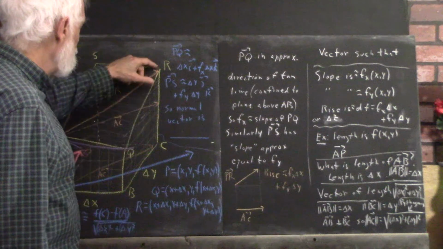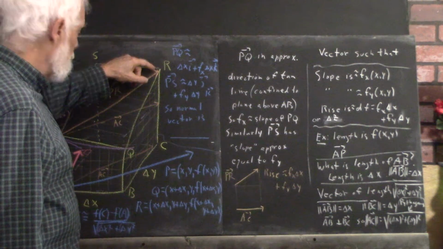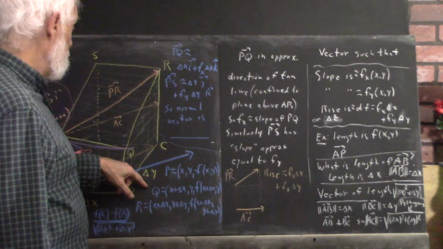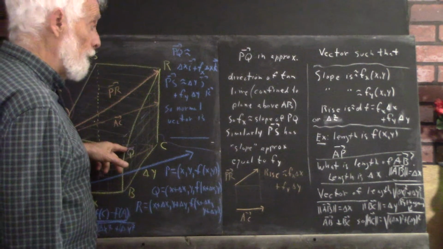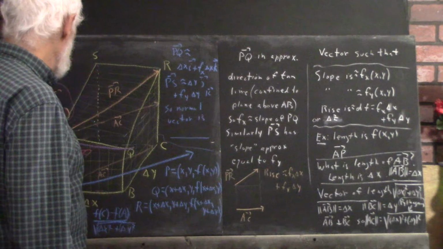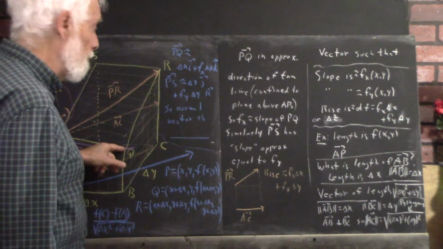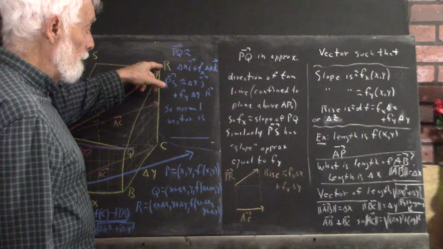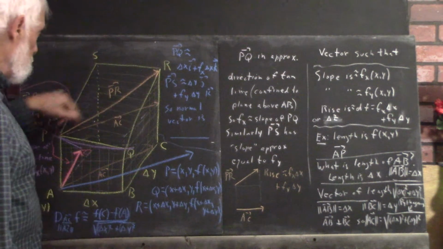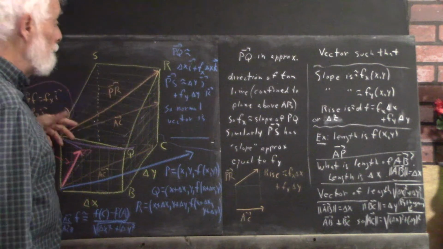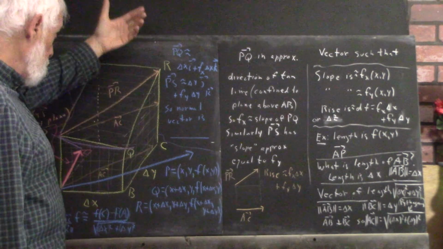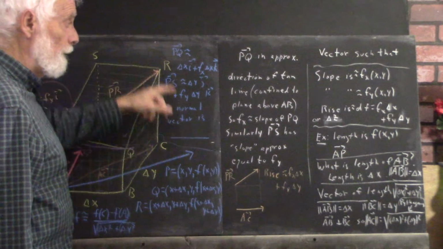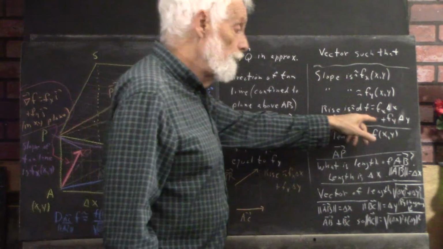The rise of this line segment is the slope of the segment times delta y, and that's approximately equal to fy delta y. If you're going from here to here and the rise is fx delta x, and then you go from here to here and the rise is fy delta y, then if you go directly from here to here, the rise is your fx delta x plus your fy delta y. So PR does have a rise that's approximately equal to your differential.